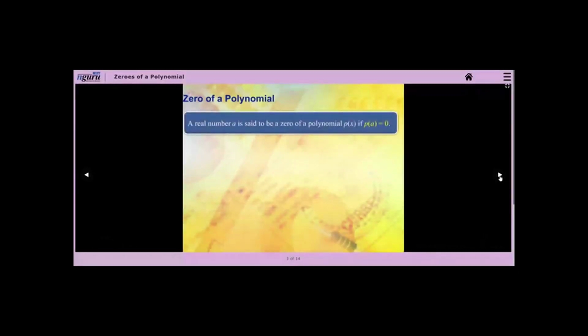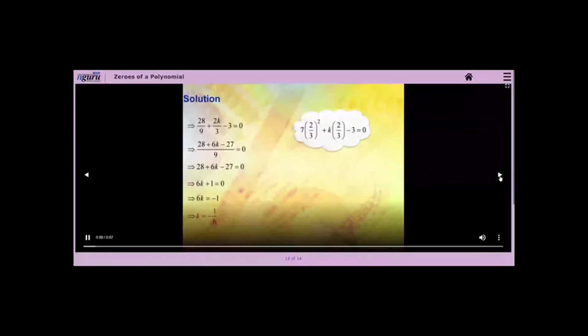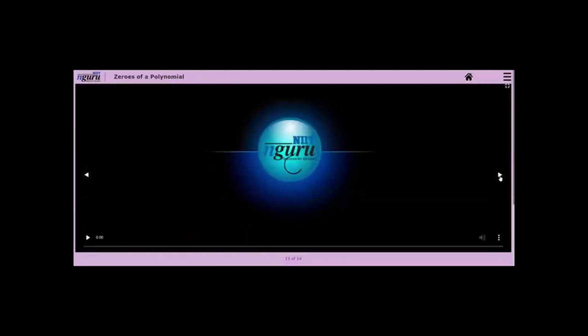In this topic, we will learn about the zeros of a polynomial. Consider an example. All this we have done. Now, try these questions. Find out the value of the polynomial 3x squared minus 5x plus 9 when x equal to 2.